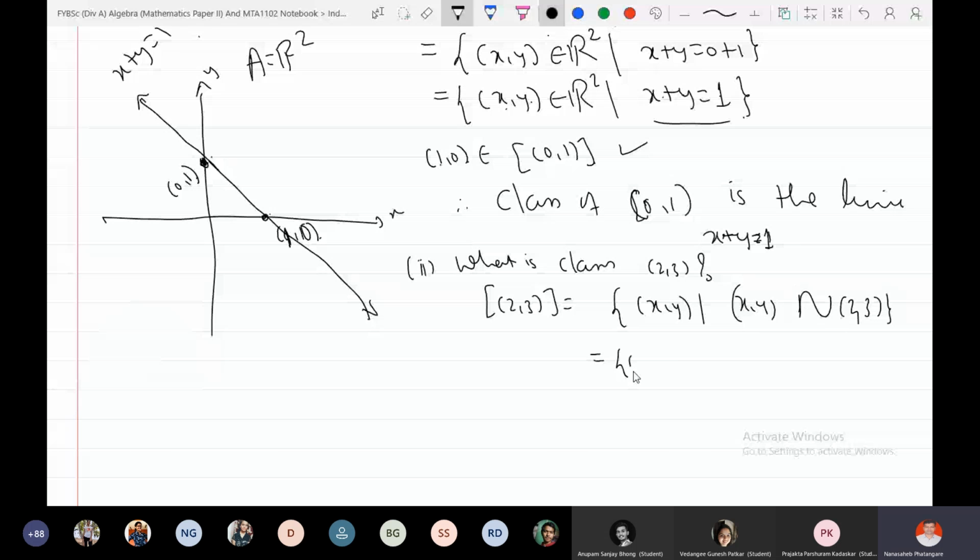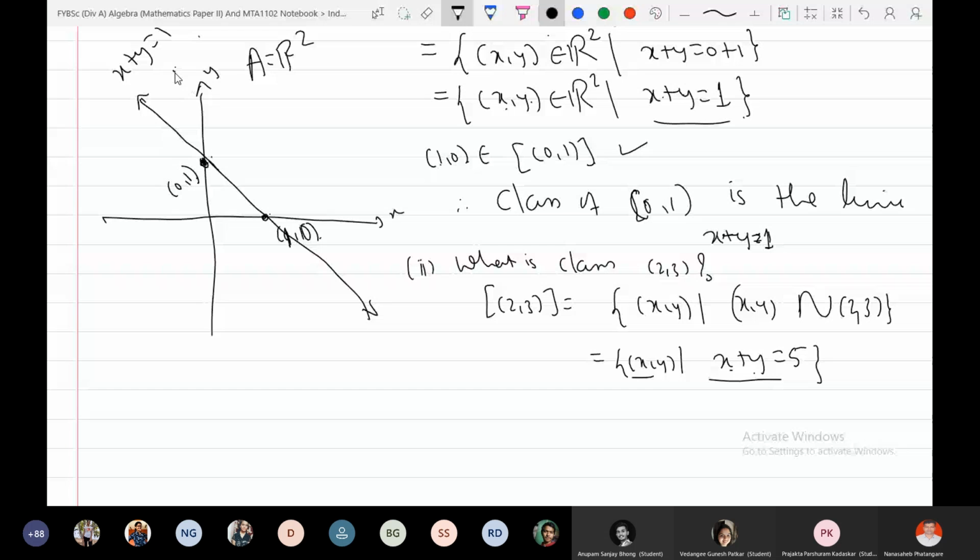That means those points (x, y) such that x plus y is equal to 2 plus 3, that is 5. And therefore this set is the line x plus y is equal to 5.